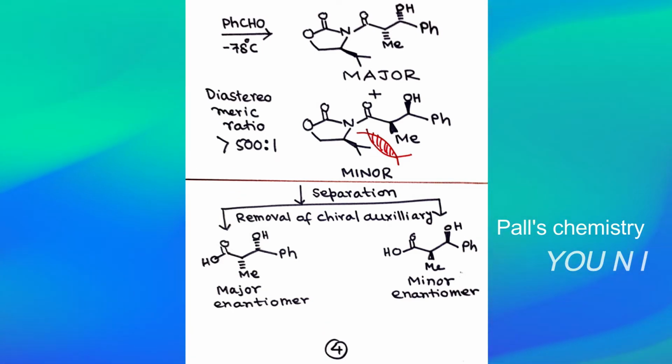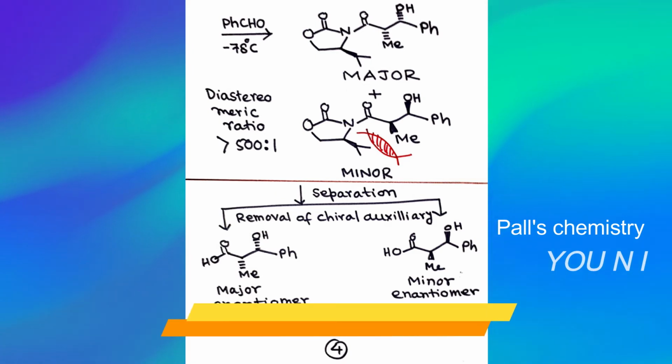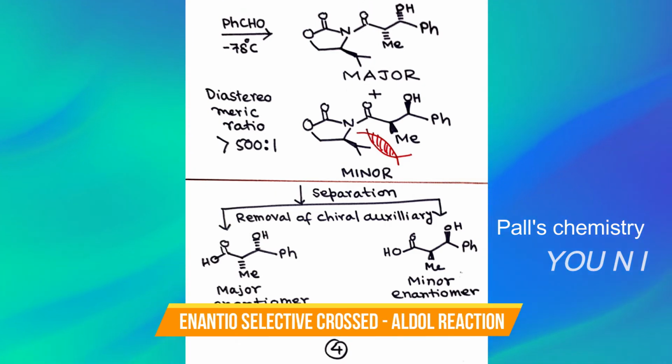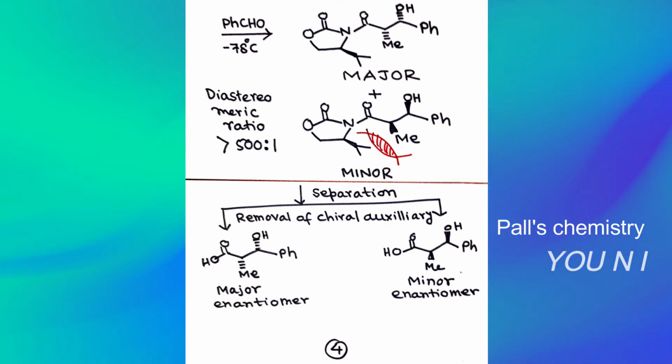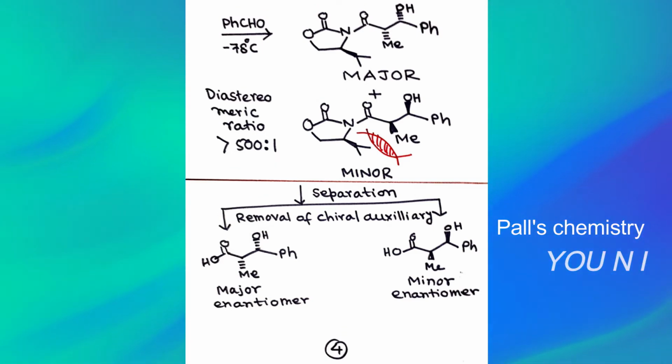Now, as in our case that isopropyl group is oriented beta, means above the plane, the syn product what we will be getting, the OH and the methyl at the newly generated chiral centers will be having the alpha orientation, means the methyl and the OH will be below the plane because the isopropyl group of oxazolidinone is above the plane.